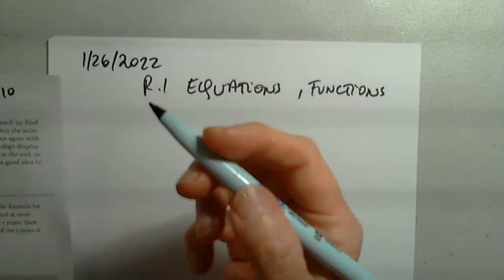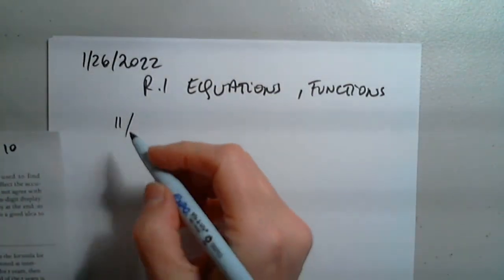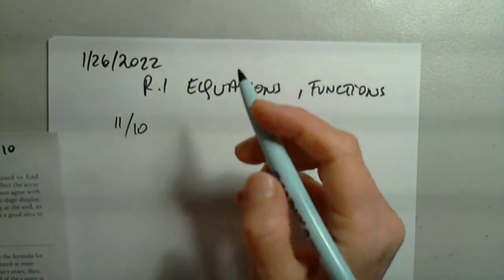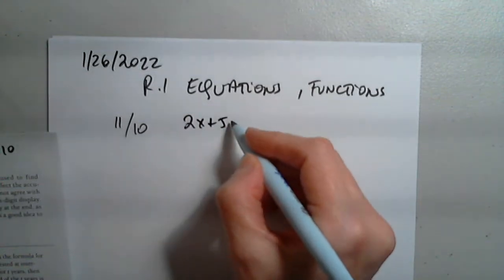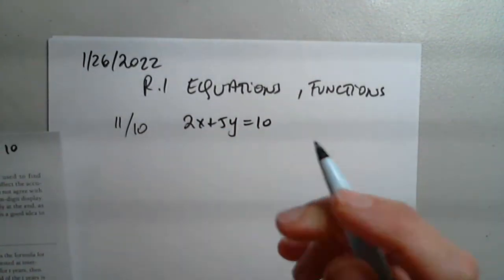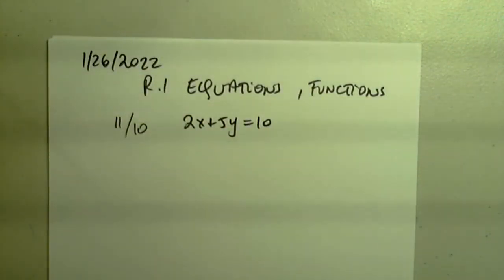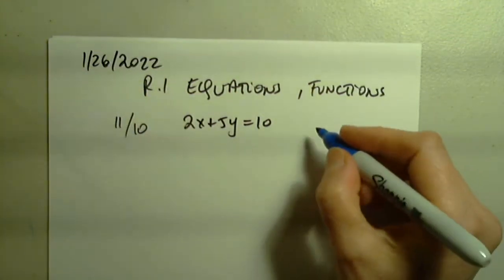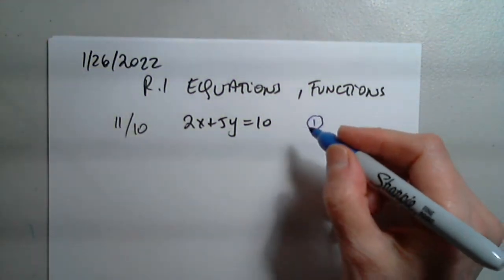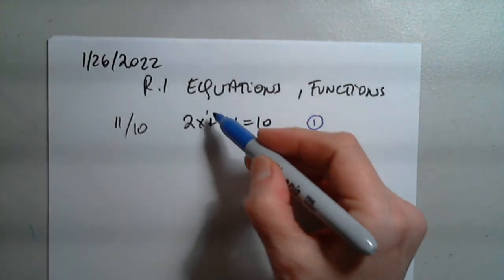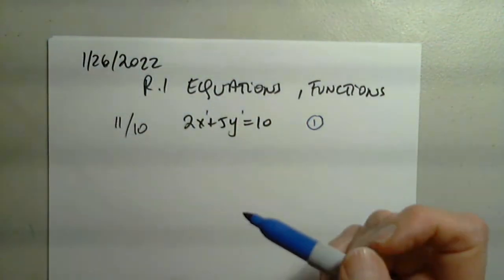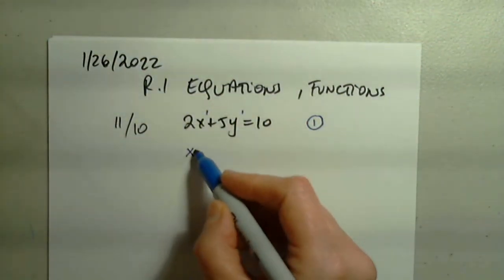Let's say 11, on page 10, and that is 2x plus 5y equals 10. When we're asked to graph an equation like this one, first, what am I asking myself? First, I will identify it. I know it's linear because x and y have power 1, and there are no products.